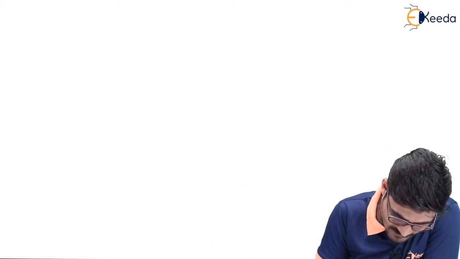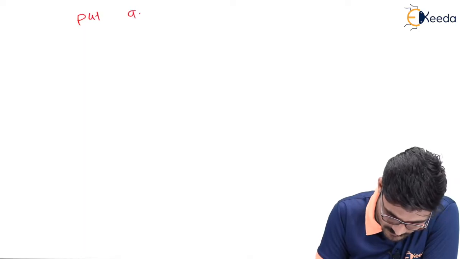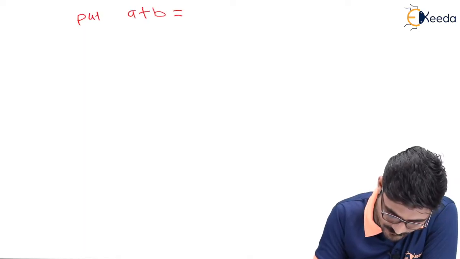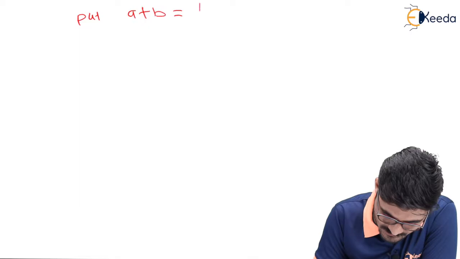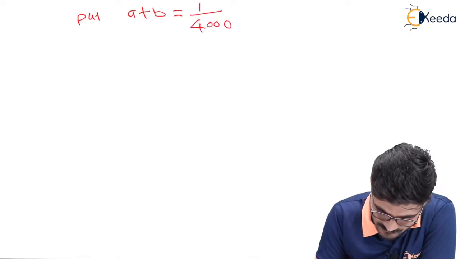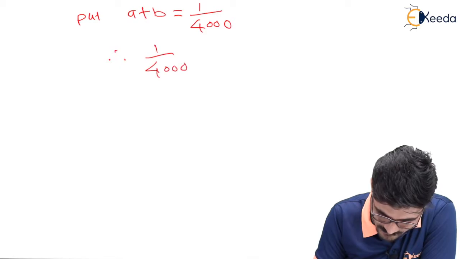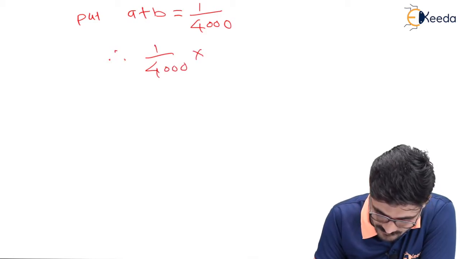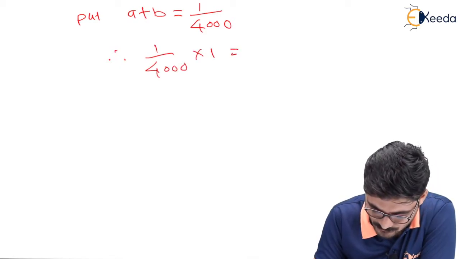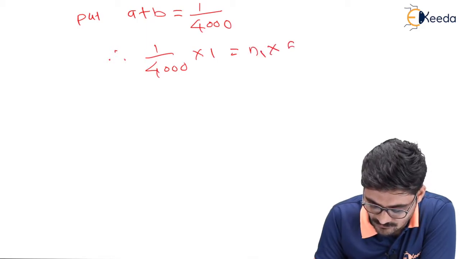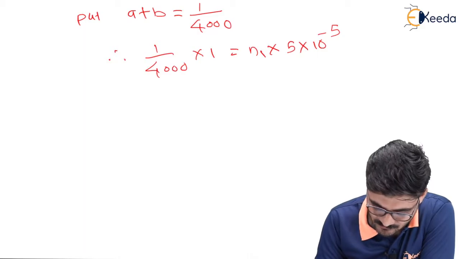Then put a plus b equal to 1 upon 4000. Therefore 1 upon 4000 into sin theta, which is 1, is equal to n1 into lambda 1, which is 5 into 10 raised to minus 5 centimeter, right?